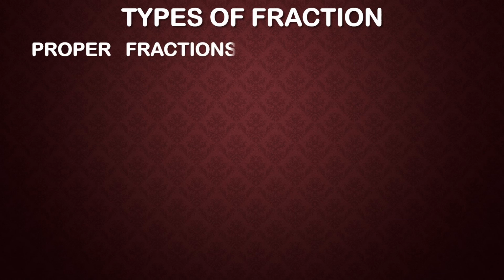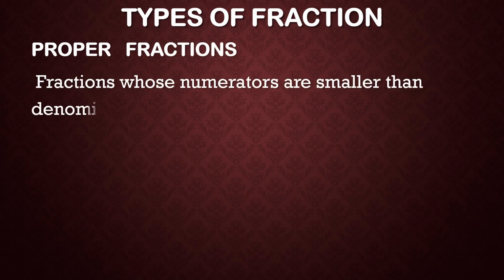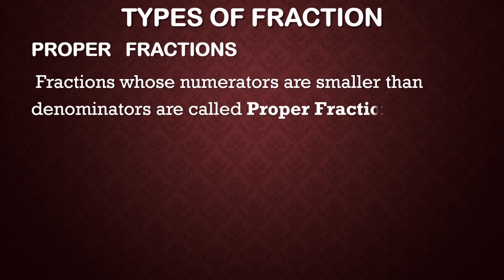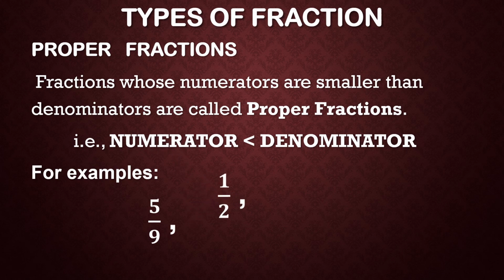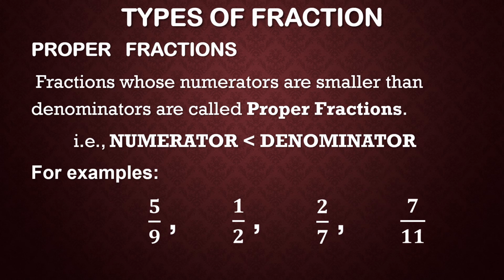Let us study proper fractions. Fractions whose numerators are smaller than denominators are called proper fractions. That means the numerator is always less than the denominator. The examples of proper fractions are 5 upon 9, 1 upon 2, 2 upon 7 and 7 upon 11. See, in each case the numerator is smaller than the denominator.